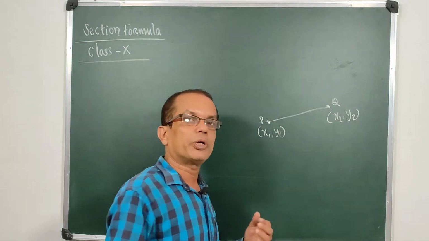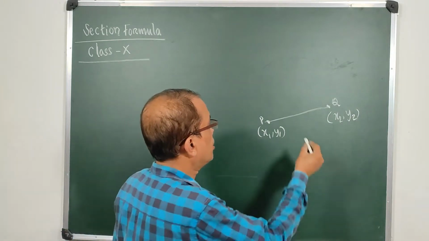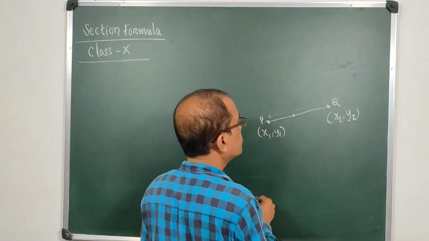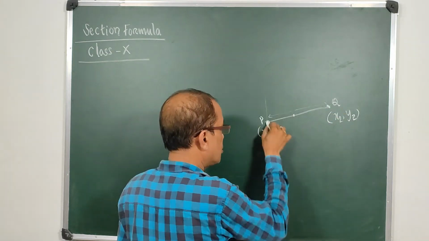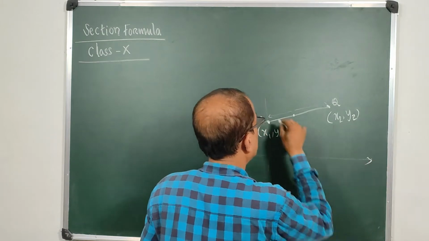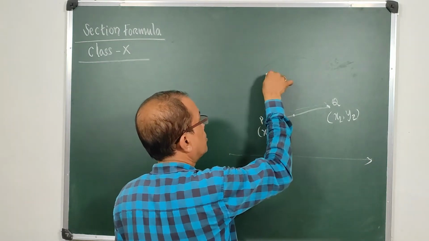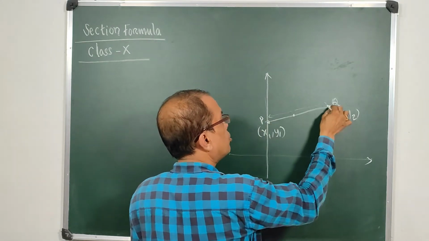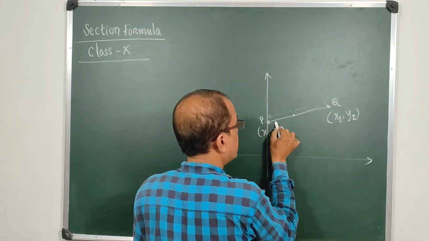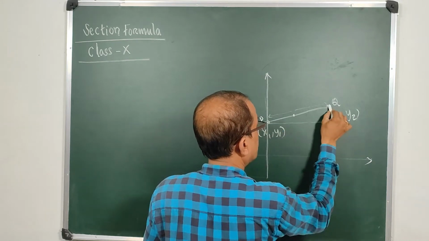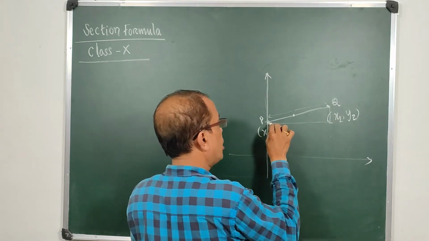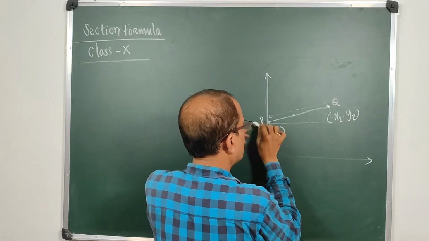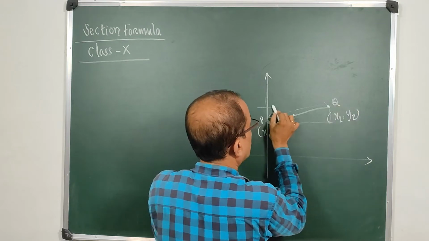So where is the midpoint? The midpoint is the point where it is equidistant from the 2 points. That means if we have an axis here, then we can see that when we move from this point to that point, we have shifted on the x-axis in this direction, and also while we have changed our position from this point to that point, we have also shifted from this position to that position on the y-axis.